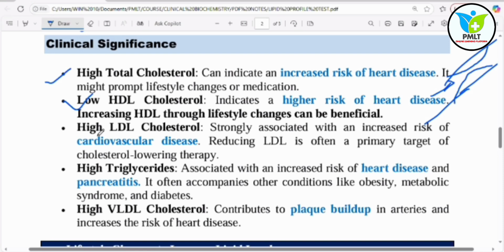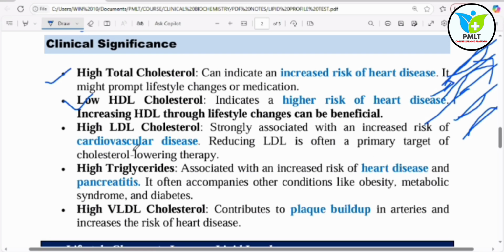HDL is beneficial when high but harmful when low, because high density lipoprotein can easily move and be transported through the blood vessels. They are not forming any kind of plaque, but whenever their level is low, plaque formation can happen.